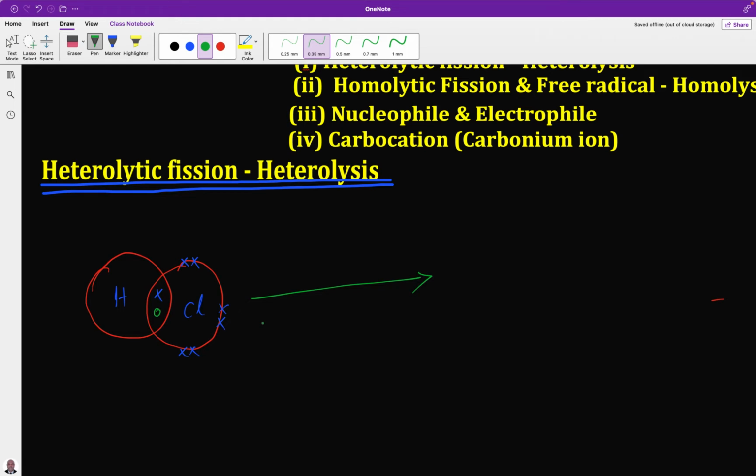When there is heterolysis, what happens? This is the result.